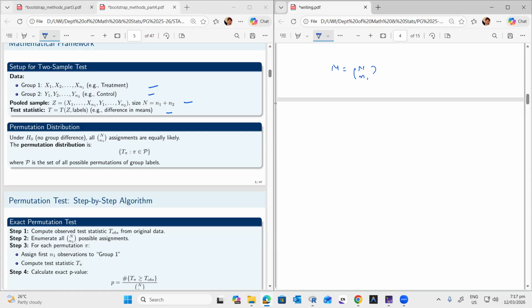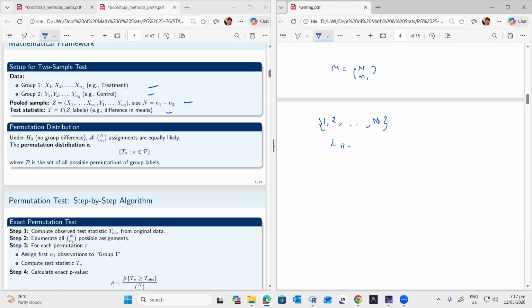So this mathematical expression T pi such that pi belongs to the script P is basically: let pi be a permutation of the indexes 1 to n that determines a new label vector, suppose L pi.